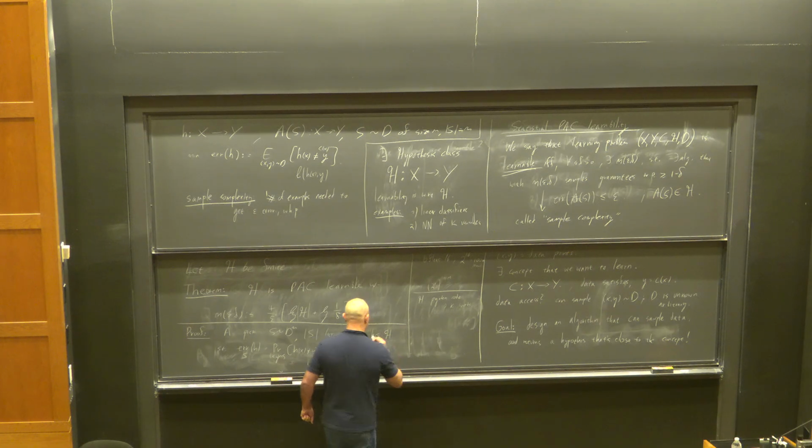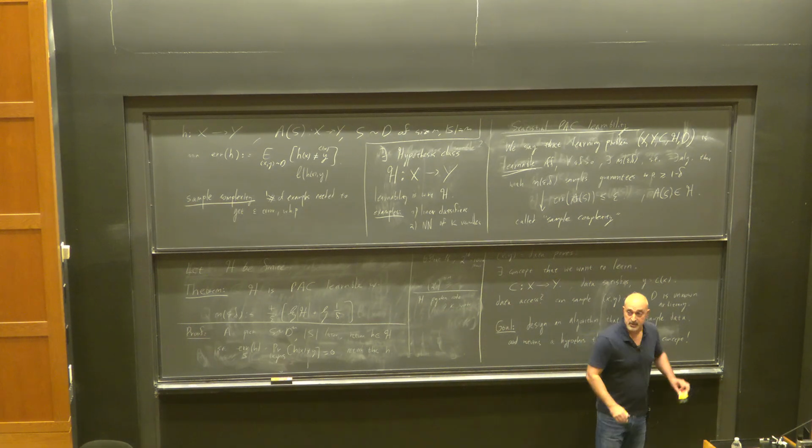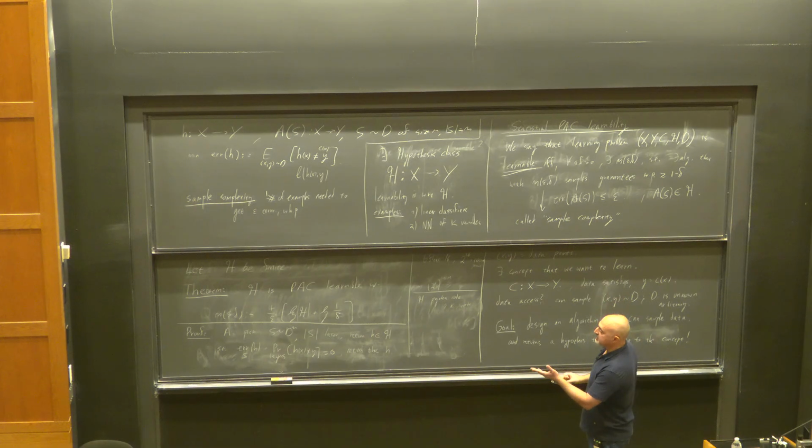So what does my algorithm do? It picks a sample, then finds a hypothesis that has error 0 on the sample, and returns it. And it says, okay, I think this will generalize, and that's going to be my solution.